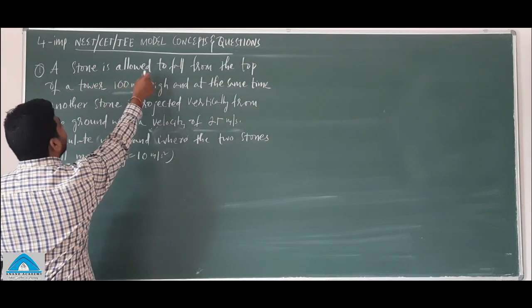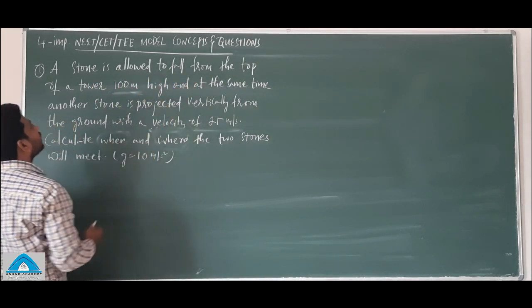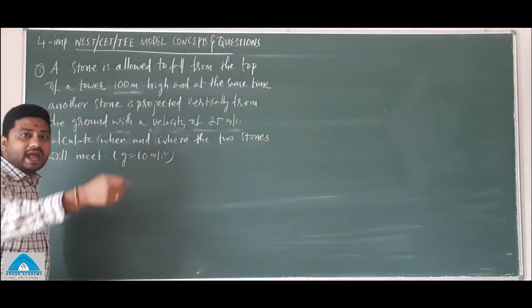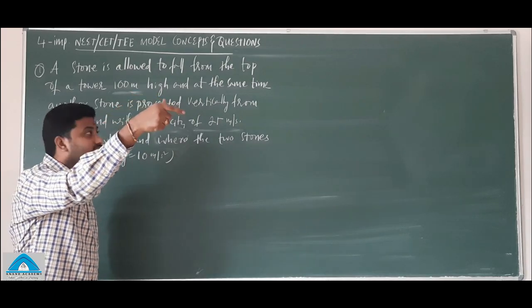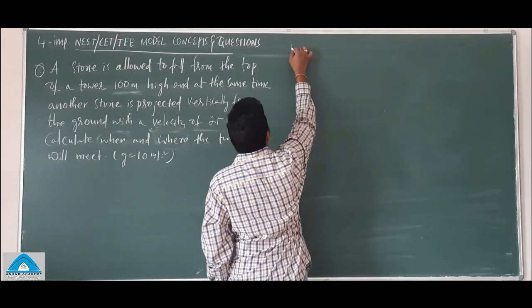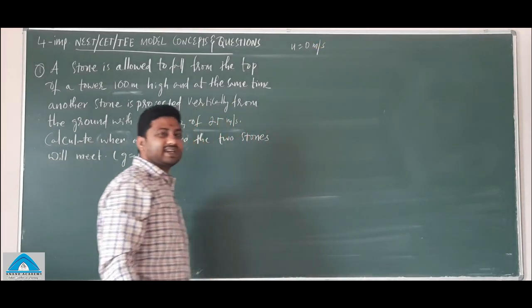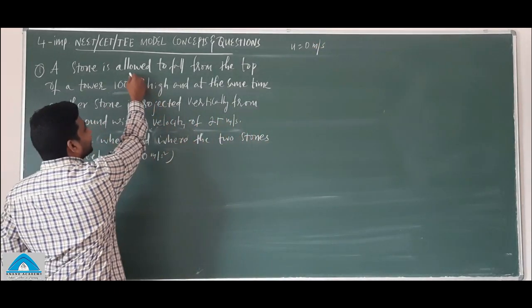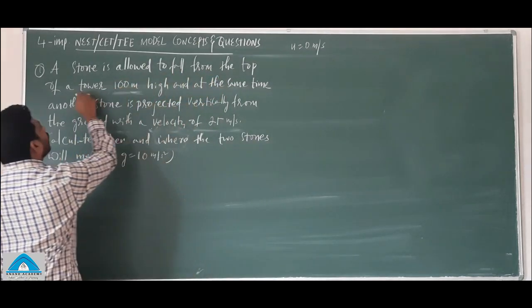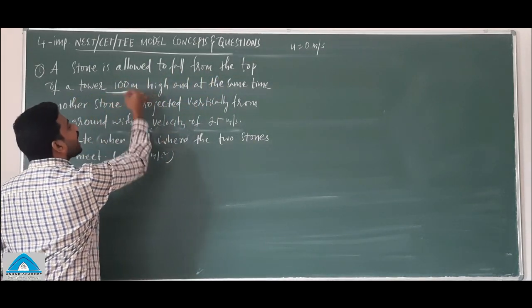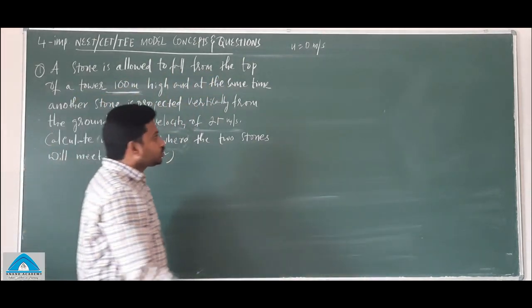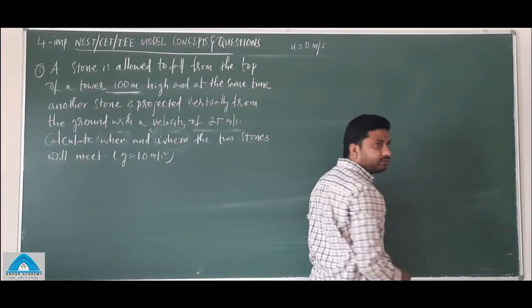A stone is allowed to fall from the top of a tower. Allowed to fall indicates that the initial velocity of the stone is 0 meters per second. It is allowed to fall from the top of a tower of height 100 meters. I am just drawing a rough diagram here.